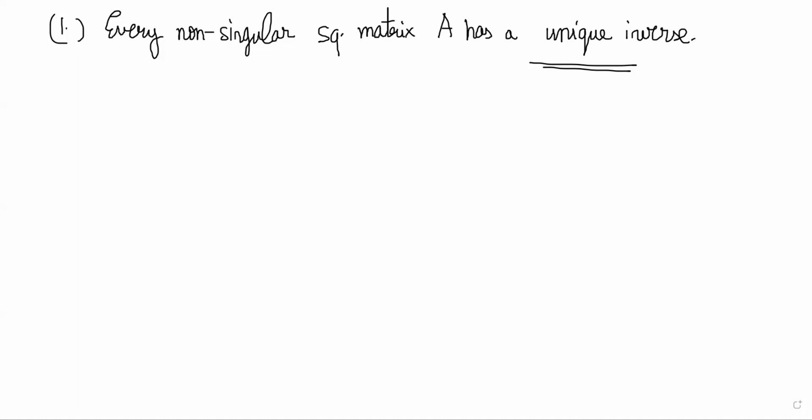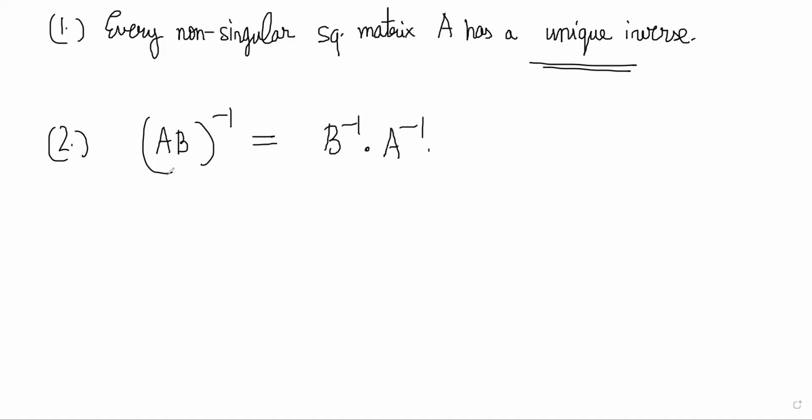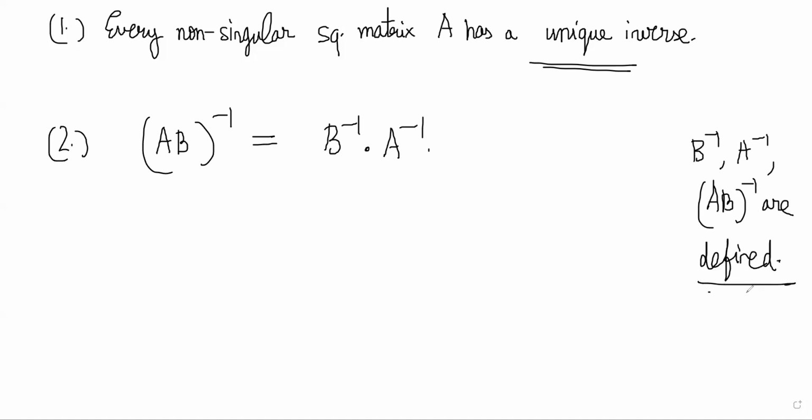Then we have AB whole inverse is equal to B inverse times A inverse, as long as B inverse, A inverse, and AB inverse are defined. They are defined if all three of these matrices AB, B, and A are non-singular.